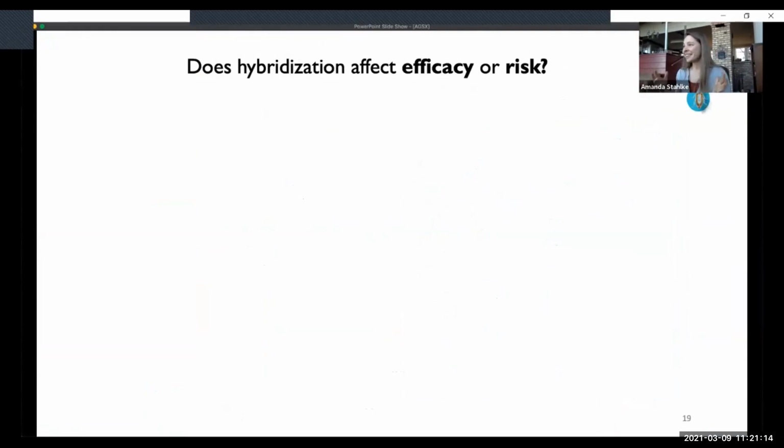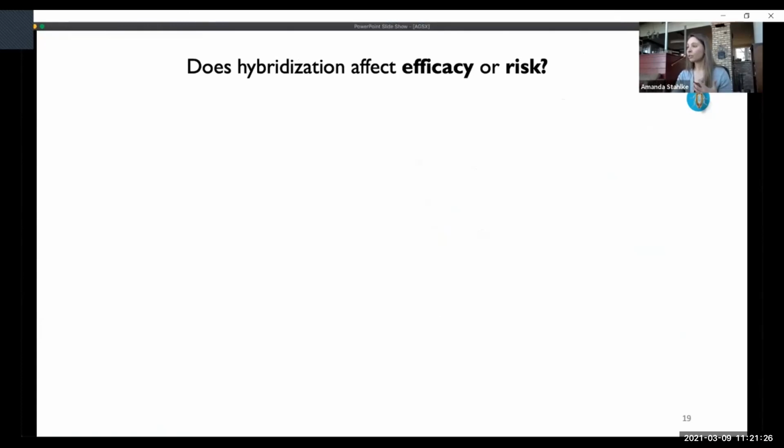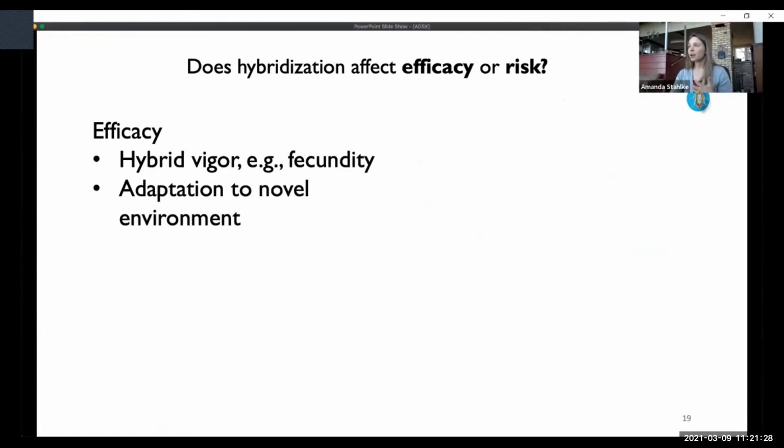Now, there are lots of interesting evolutionary biology questions associated with that, but if I'm talking to a land manager or biocontrol scientist, I think what's most important to us is whether hybridization affects efficacy or risk in the system. So hybridization could increase efficacy by generating hybrid vigor or providing the necessary genetic variation required to adapt to a novel environment.